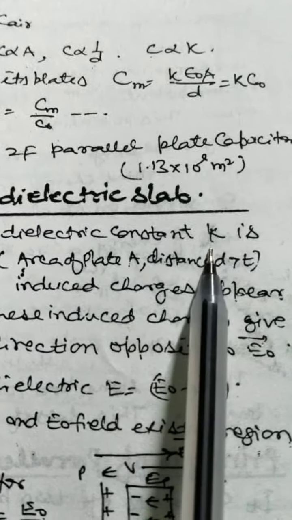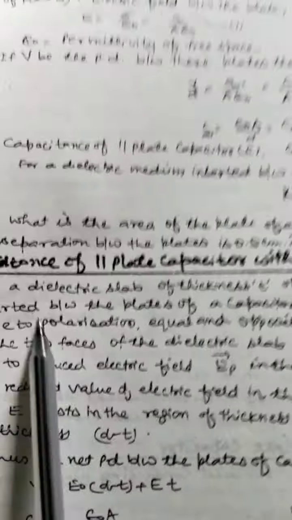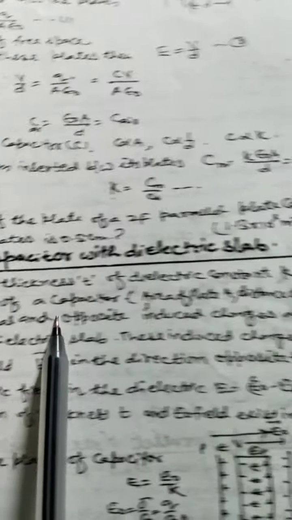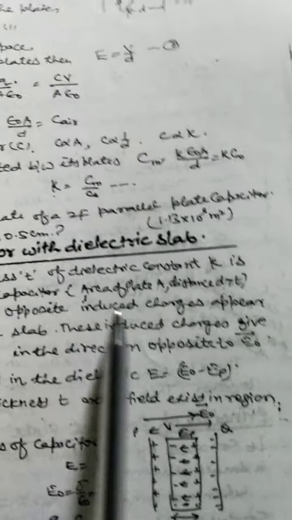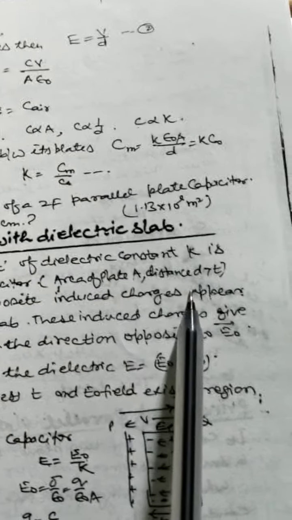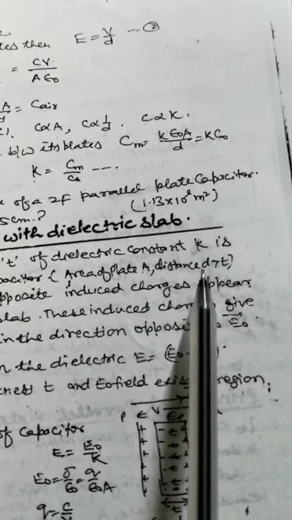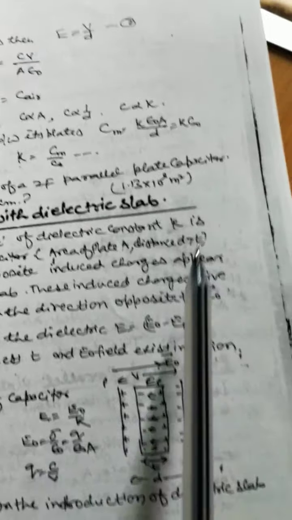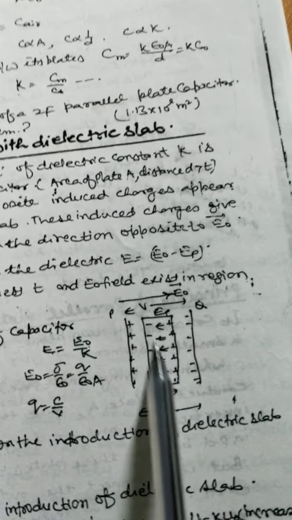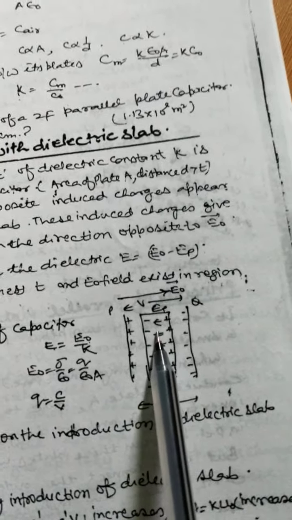Now let a dielectric slab of thickness t and dielectric constant K be inserted between the plates of a capacitor, where area of each plate is A and distance is d, and d is greater than t. Here t is this thickness. This is the dielectric slab.